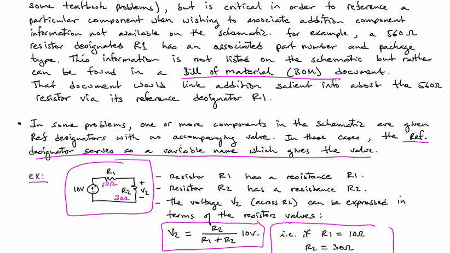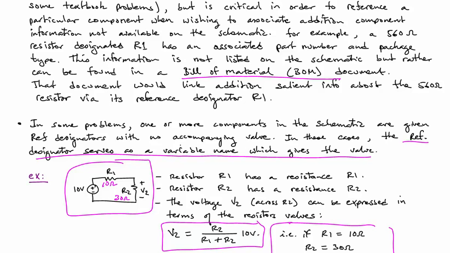So you look up R1 in the bill of materials and you find that R1 is going to be supplied by this manufacturer and it's this part number, and then maybe there's a column that describes the package type and other things, maybe the cost, other things. So that's how a reference designator assists in describing what makes up a circuit.